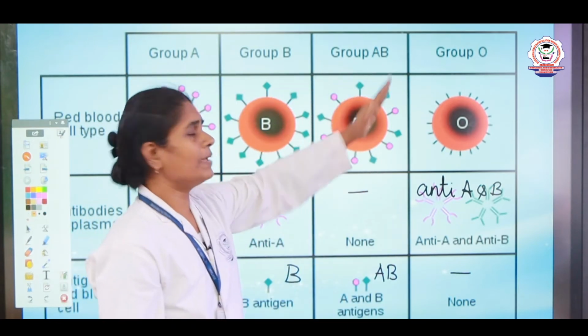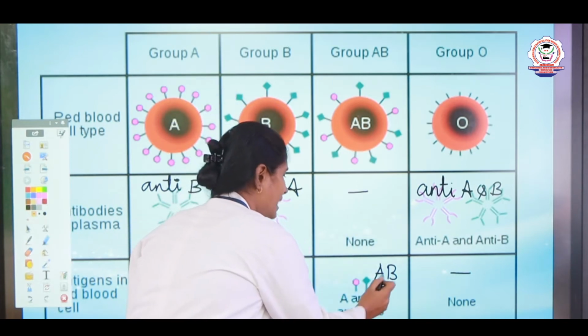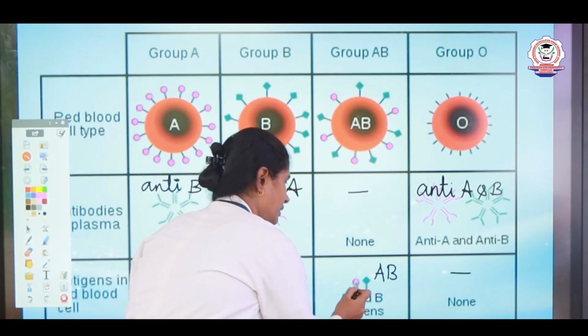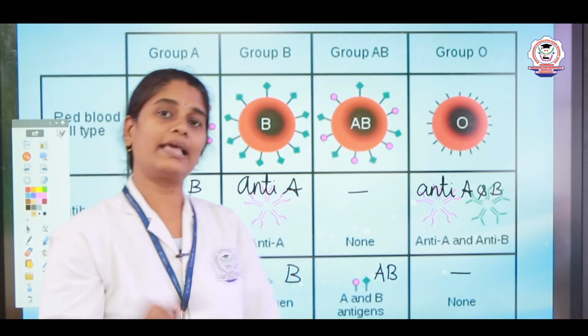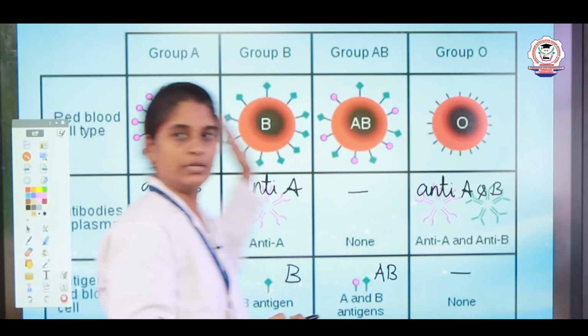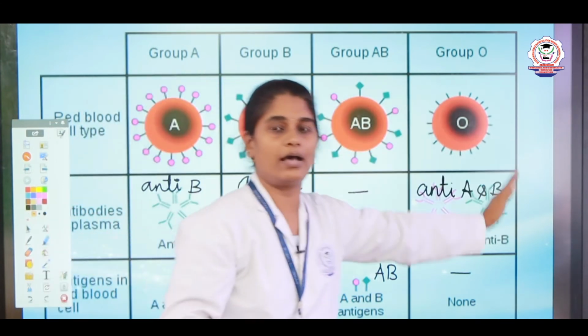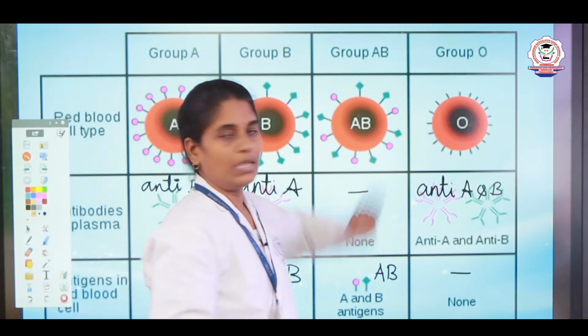And AB blood group persons, as they do not have antibodies and they have both antigen A and antigen B, can receive blood from all the other types. Even A, B, and O, or AB can donate blood to the AB group.